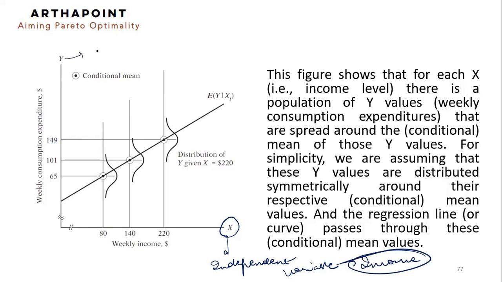Consumption depends on income. So consumption comes on the y-axis. These are all the conditional means. I am joining the conditional means together to get my population regression function. So I'm joining all my E, Y given xi.